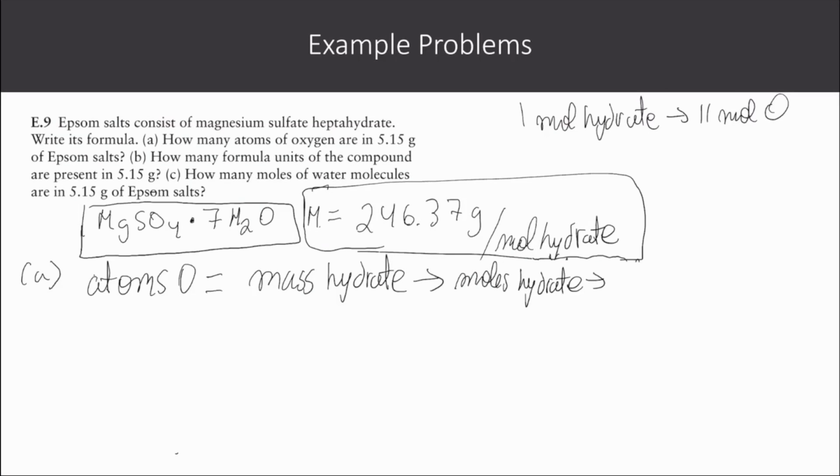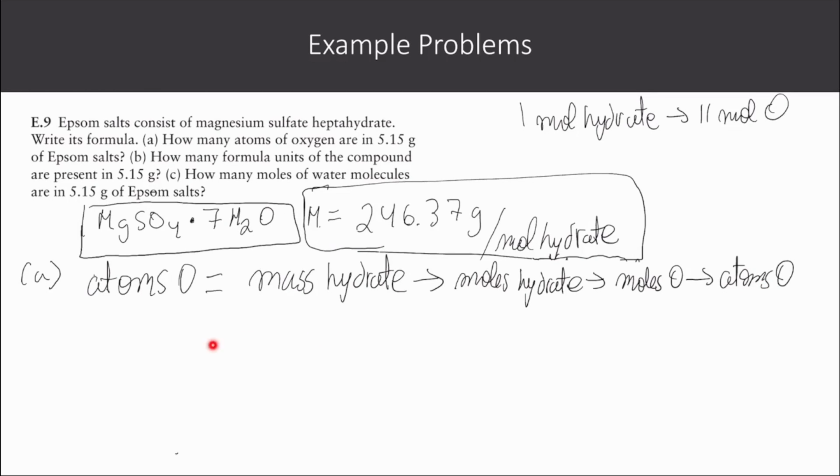And then the moles of hydrate we need to convert to moles of oxygen, and these moles of oxygen we convert to atoms of oxygen, which will get us to our final answer. And to go from one step to the next, we need a conversion factor for each step.